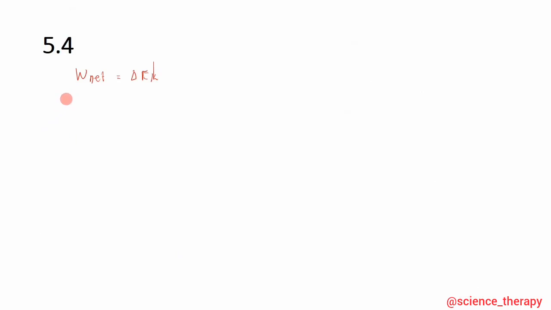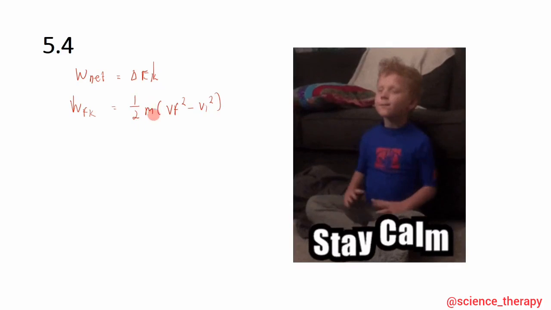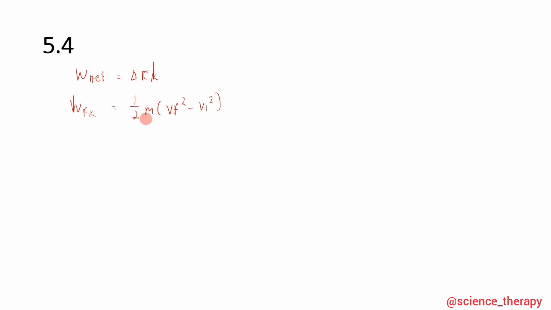So we have work done by Fk, and then is equals to, breaking this down, this is half m Vf squared minus Vi squared. But then remember, we have the case of m here. We do not have the value of m. But remember, we are given the momentum, right? And then we already have the velocity.